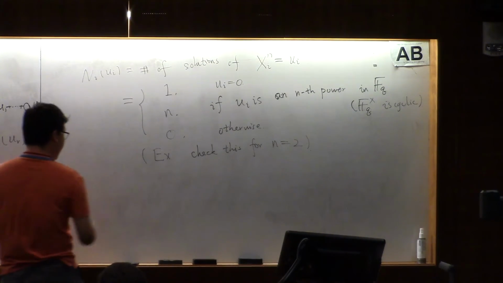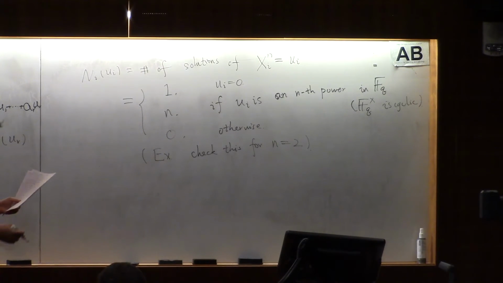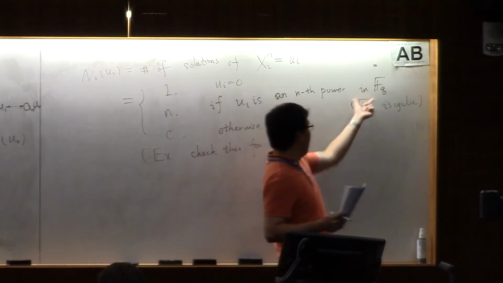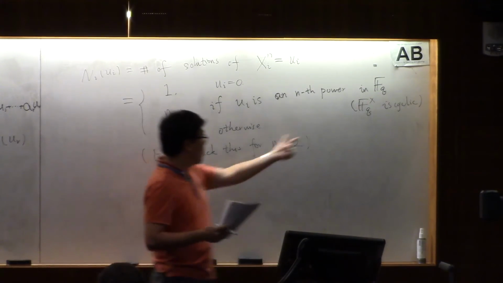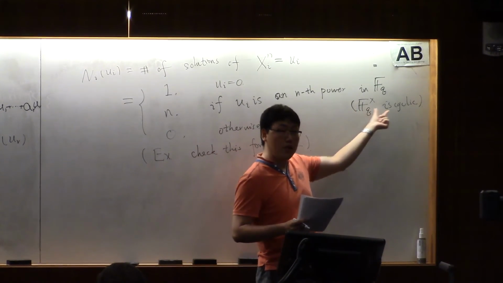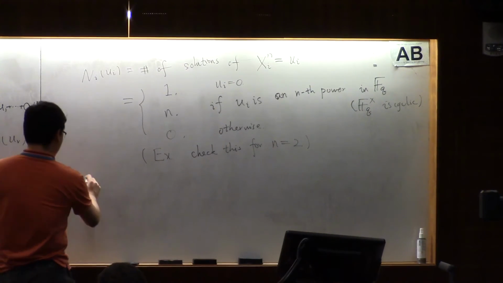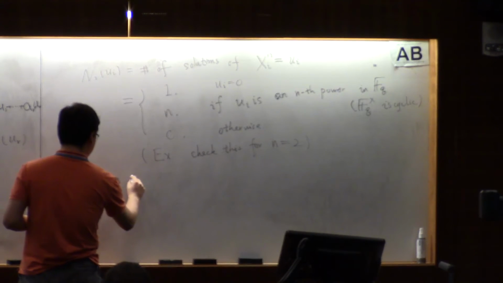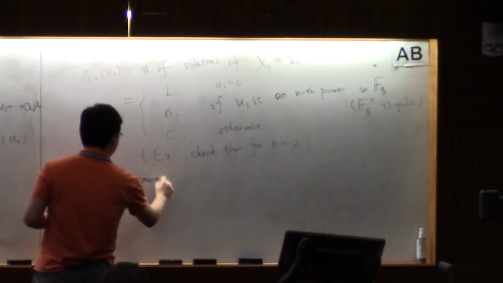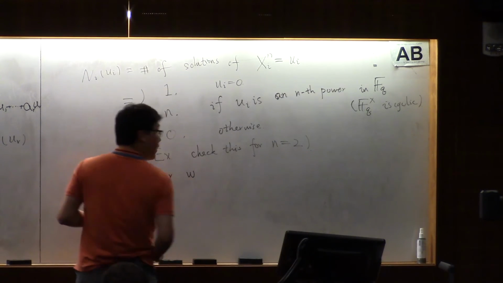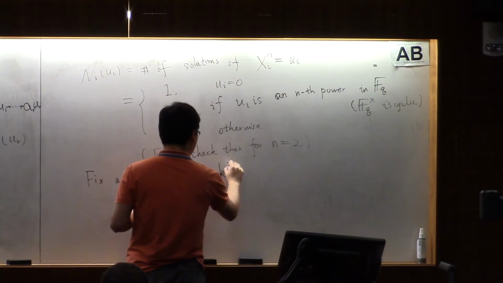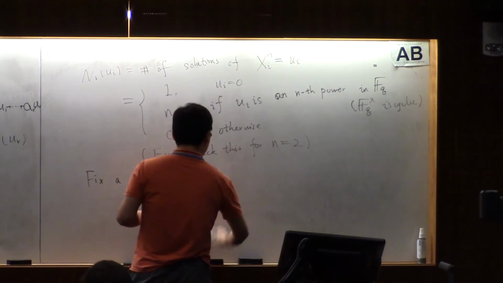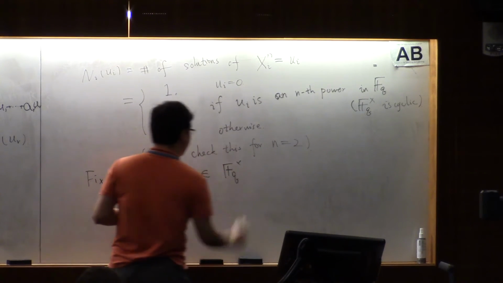So to do this, first you need to have a good understanding of characters of the field F_q. Here we use the fact that the multiplicative group of this field is cyclic. In other words, we can find a generator, denoted by omega, of the multiplicative group of the finite field F_q.